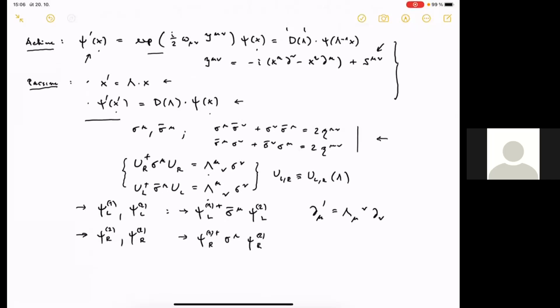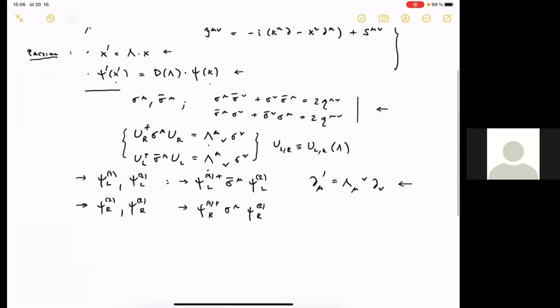And since the transformation of the derivative is according to this formula, we can obtain invariance. For instance, taking such an object. Now let us have only one right-handed spinor, and if we form such an object, this object is invariant.